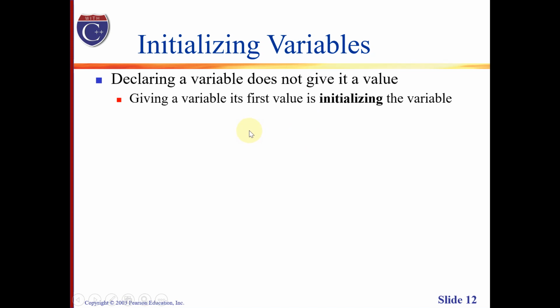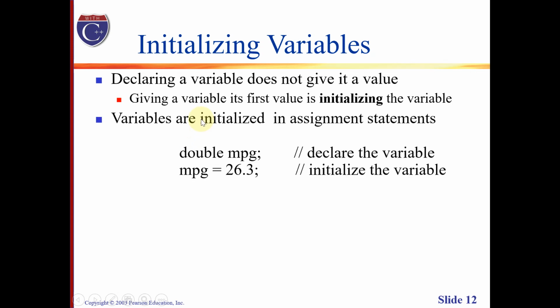Thus, in order to give it its first value, we need to initialize the variable. To initialize variables, we use assignment statements. For instance, we declare the following variable, and we would like to give it an initial value of 26.3. In this case, this is the statement where we initialize the variable.